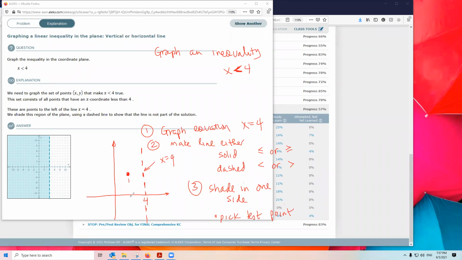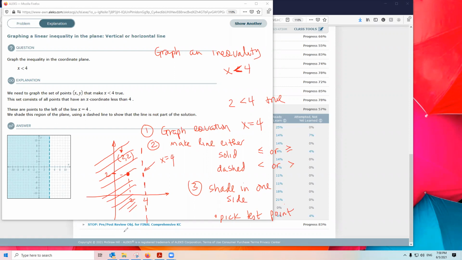This point is 2, 2. What I do is I check if this point satisfies the inequality. Well, the x value here is 2. The x value of 2 is less than 4. That's true. When the test point leads you to a true inequality, you shade in that side of the line containing the test point.